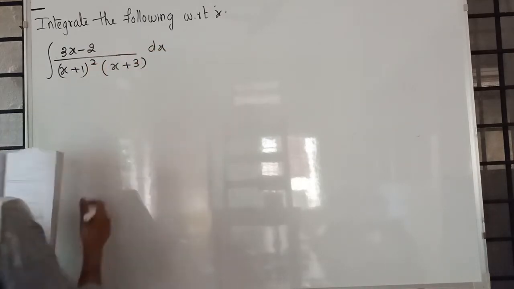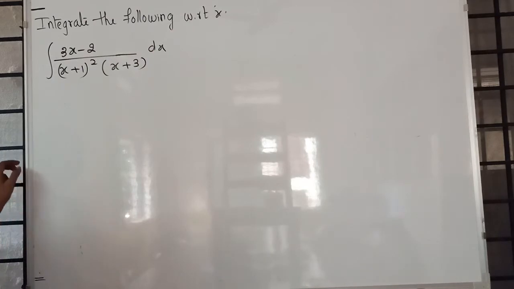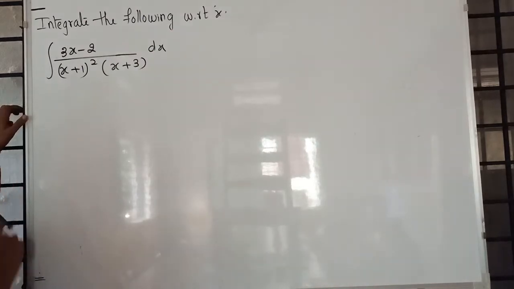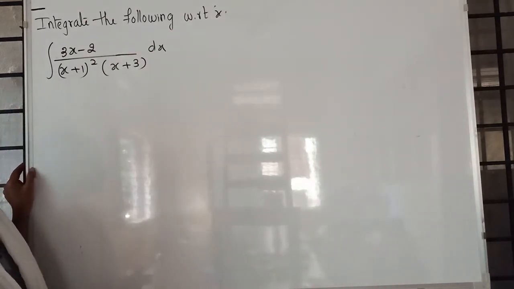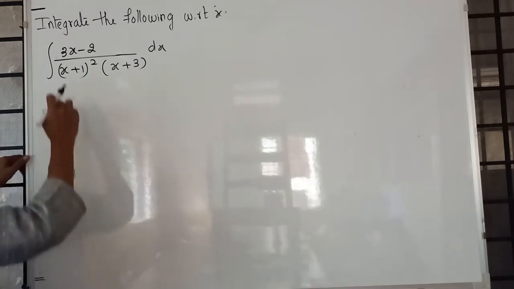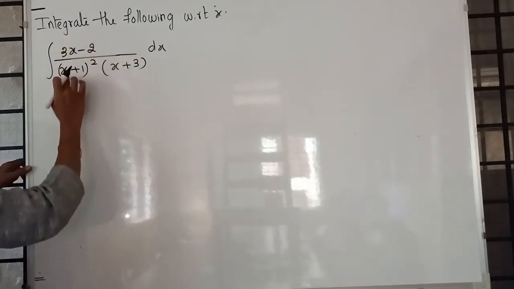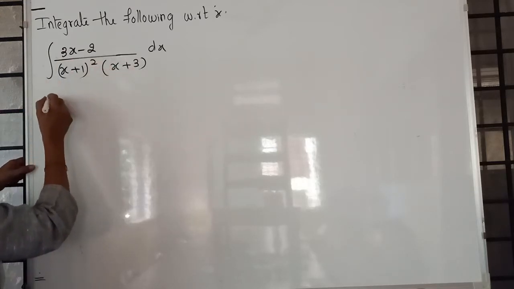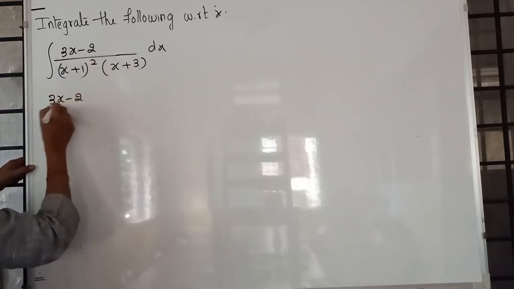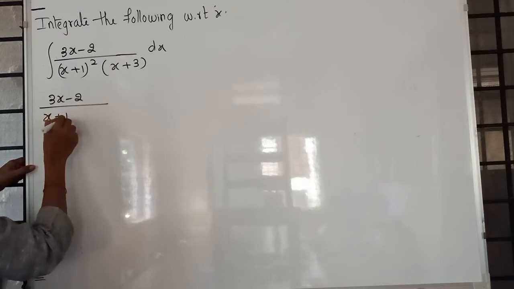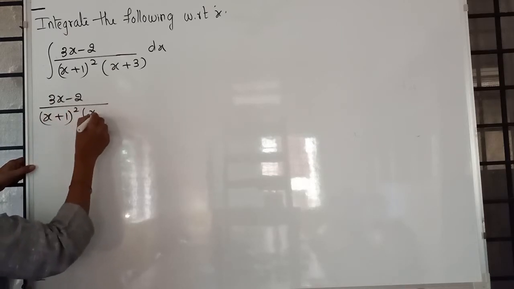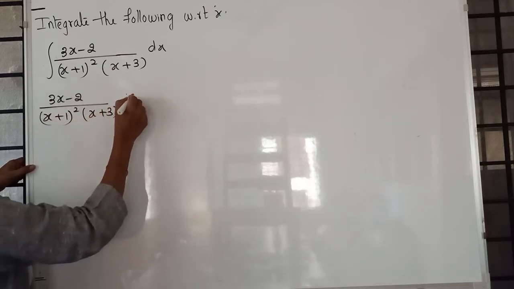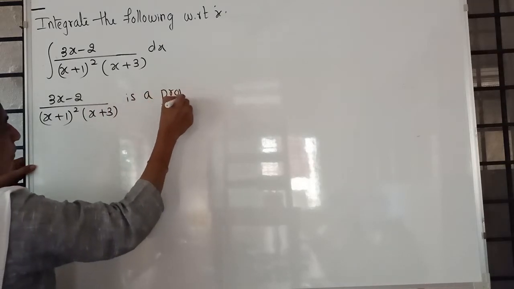First step is we have to identify whether it is a proper or improper fraction. Tell me which type of fraction it is. Yes, proper. Here x power is 1 and here x power is 3. So 3x minus 2 upon x plus 1 whole square into x plus 3 is a proper fraction.